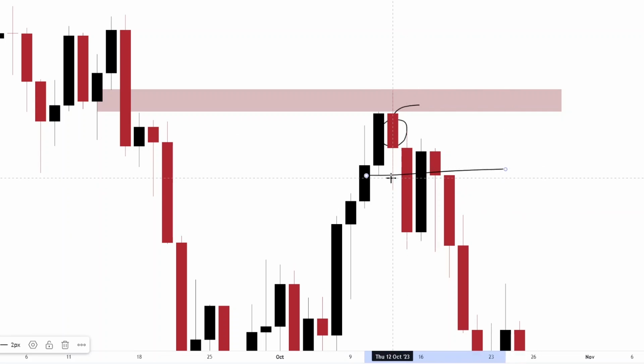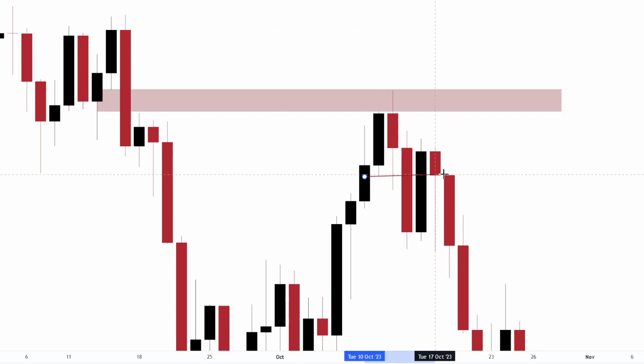Now if we don't have an engulf candle, you can wait for an engulf or you can just take the first signal, which is just a red candle. Preferably you would want an engulf. So in this case, if you want a high probability trade, you would wait for another red candle to close right here and you could always take the retracement back inside that micro range.